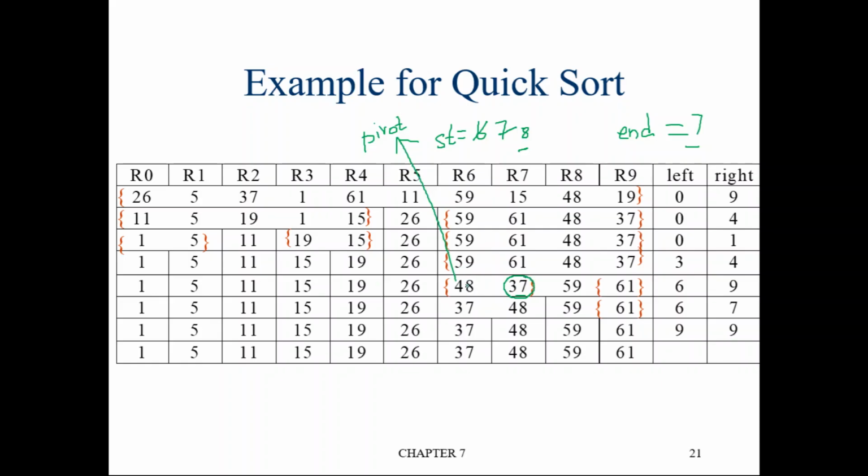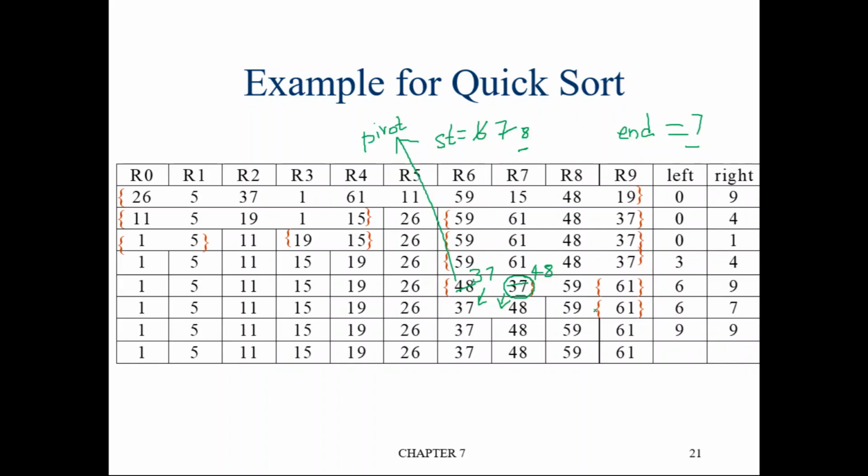So when you swap this, what will happen? In the 6th position we will get 37 and here we will get 48. So we got this, 37 and 48. Now I think the algorithm has converged.